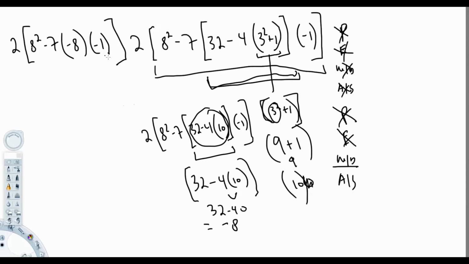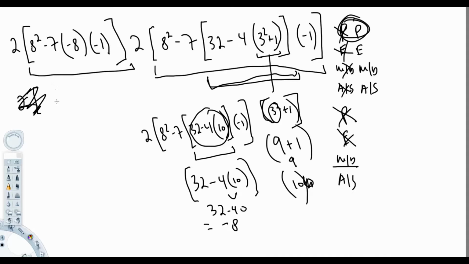So, once again, parentheses, exponents, multiplication, division, addition, subtraction. Do we have any parentheses? Yes, this one right here. This one is left. So now we're going to do just this. 8 squared minus 7 multiplied by minus 8 multiplied by minus 1.